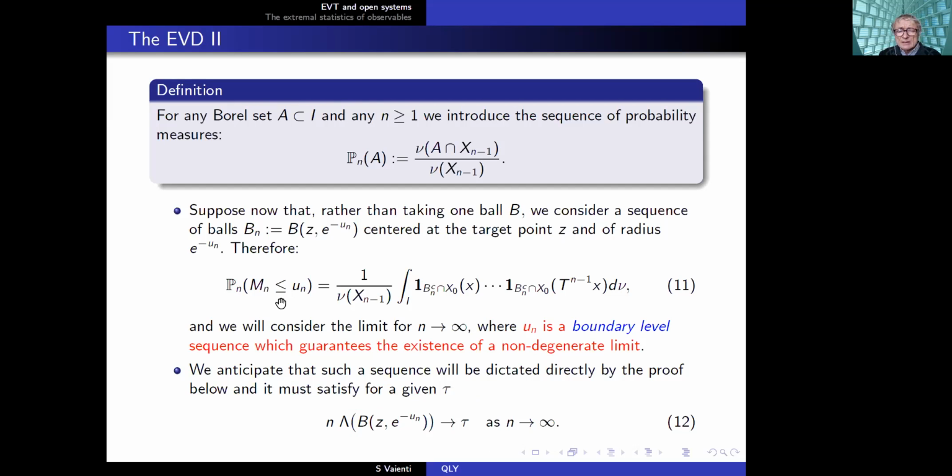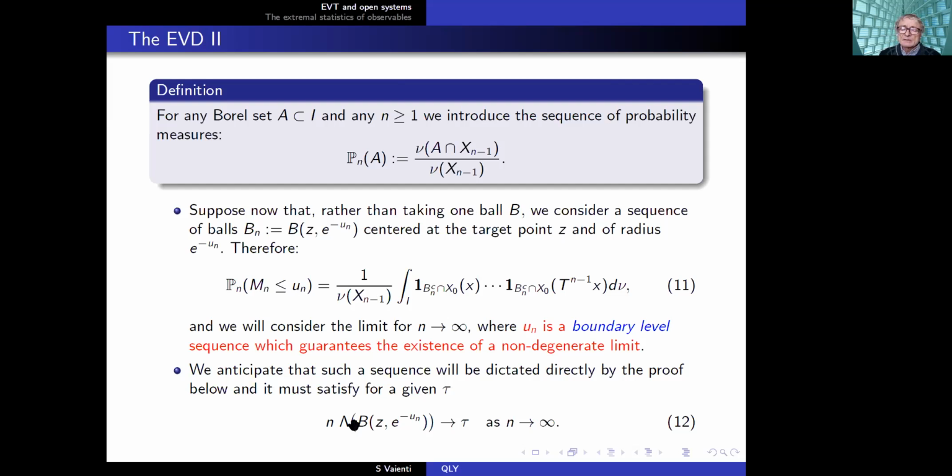What is interesting is the kind of normalization, the kind of condition we have to set on Un in order to get a non-degenerate distribution in the limit of big n, will be given directly by the spectral technique, which I'm going to explain in a moment. So for the moment, we only require Un depending on n in such a way that we get a non-degenerate distribution in the limit.